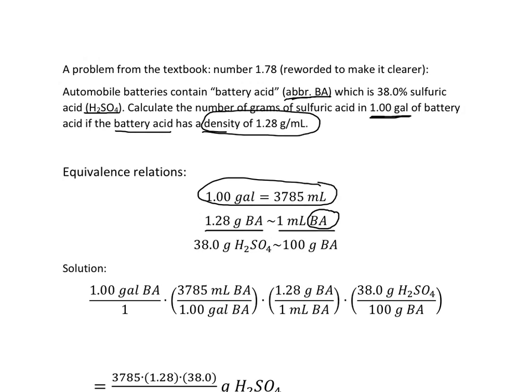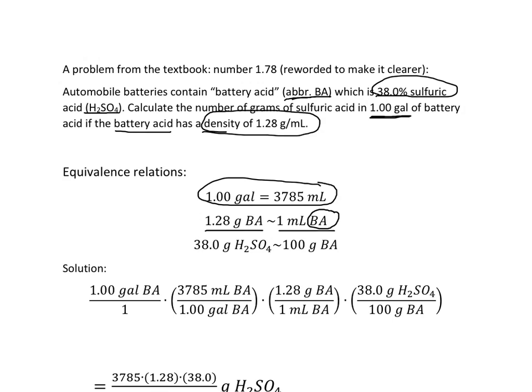And then finally, what does 38% sulfuric acid tell me? That tells me that for every 100 parts of the battery acid, I have 38 parts of sulfuric acid.